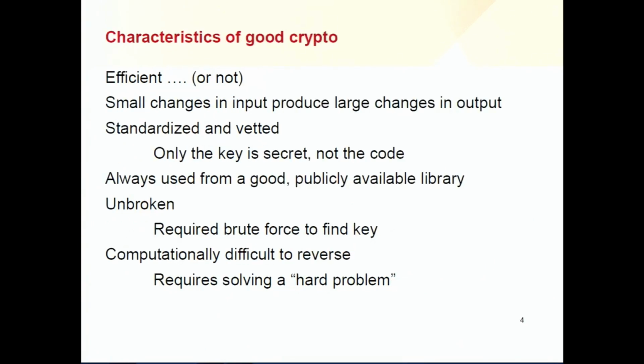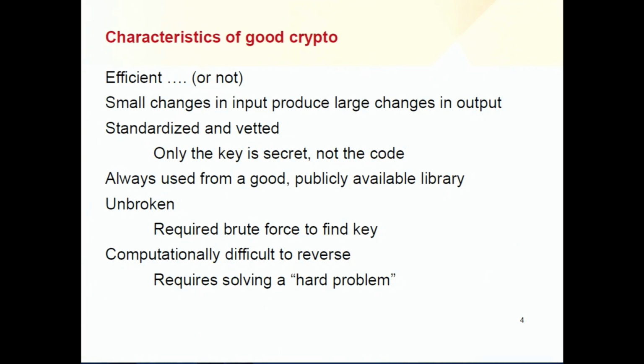So what are the characteristics we're looking for in crypto? It needs to be efficient, or not. It depends. For instance, if you're hashing passwords, typically the way a good algorithm will hash a password is that it will do it like 500 times or 1,000 times.